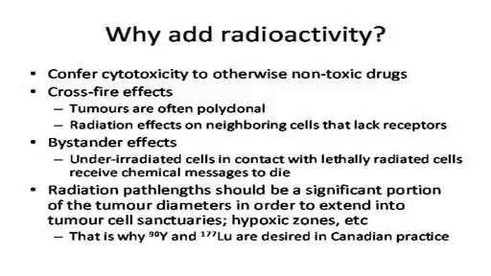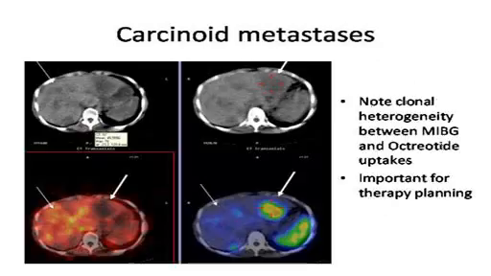There are hypoxic zones, perhaps, and there are regions where the tumor may have mutated and no longer have the receptors we want. And so we need all of the tracers that are available in the international literature in order to program the best treatment for an individual patient.